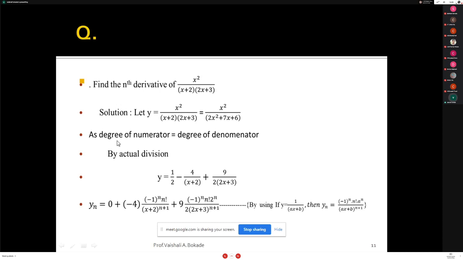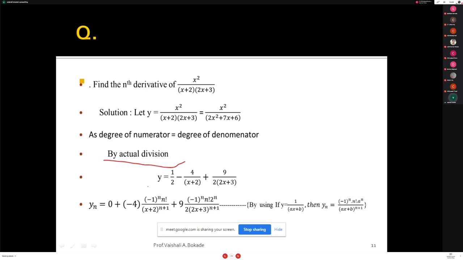So as the degree of the numerator is equal to, or strictly greater than, the degree of the denominator, I have to go for actual division. I will proceed with actual division first, and by using it I will write the next statement.